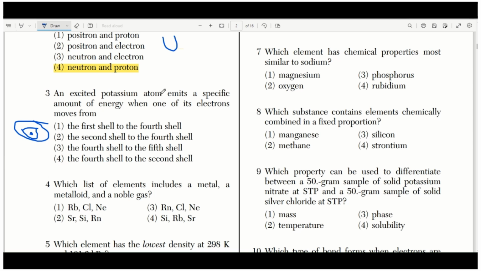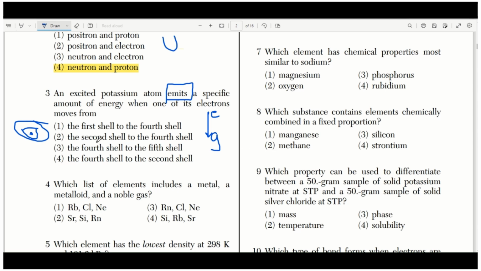When energy is emitted, emit means to give off, an electron will fall from a higher energy level back down to a lower energy level. It was in an excited state and it falls back down to ground state.